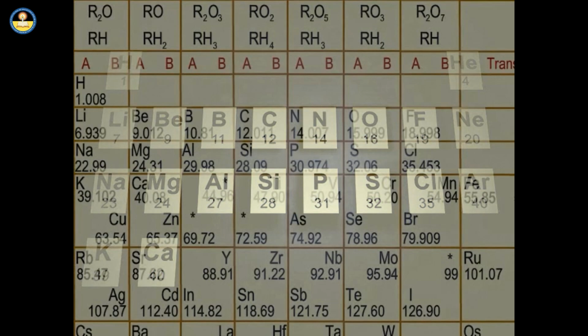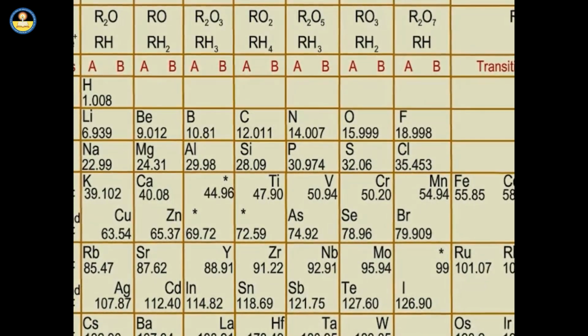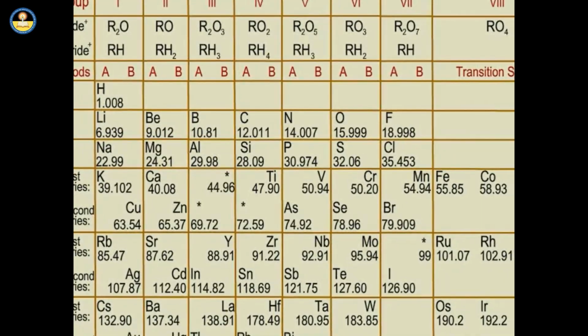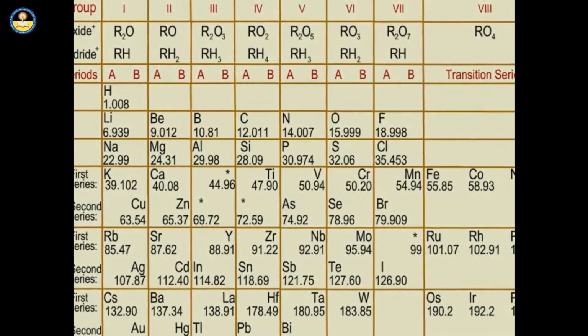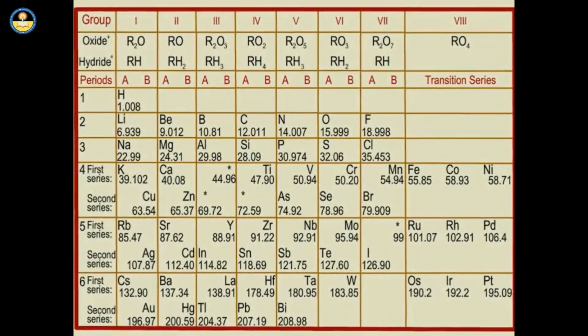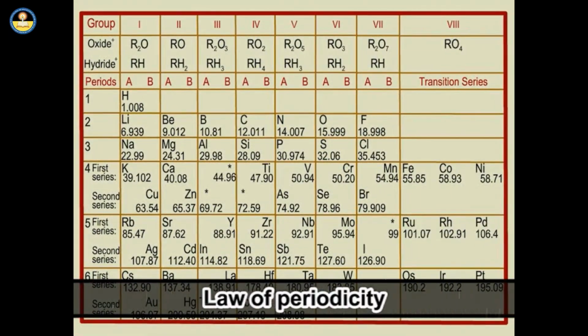He noticed that there was a regular pattern in the properties of the elements arranged in order of their increasing atomic masses. Mendeleev called the regularity the law of periodicity.